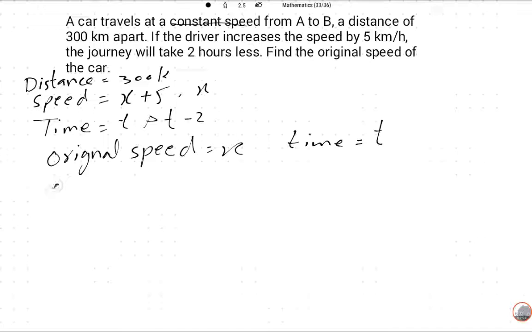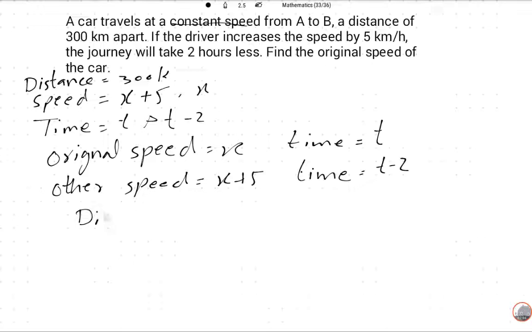However, the other speed is x plus 5 and the time is t minus 2. Okay, so recall your previous knowledge. I have only in my mind that distance is equal to speed multiplied by time.